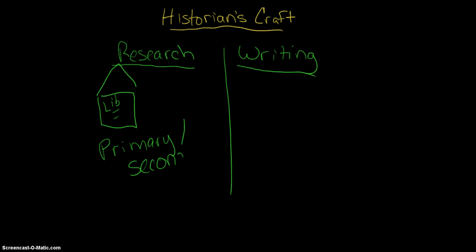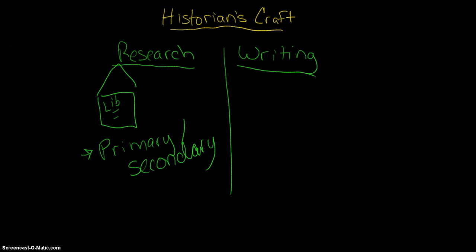Now, for those of you who haven't been introduced to these terms yet, a primary source is just a source. It could be an article, it could be something written, something spoken, something listened to. It's something that took place when the event happened. It's an eyewitness account of the event.